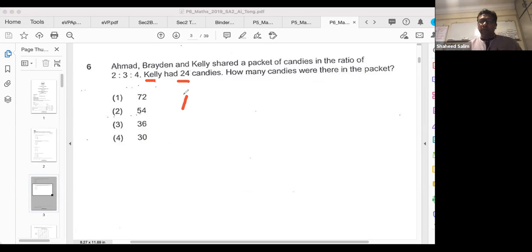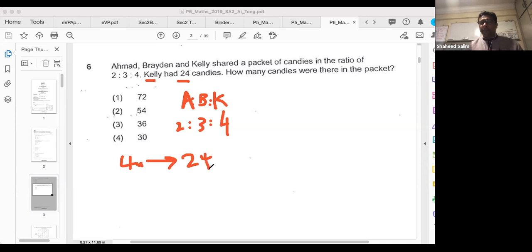Which one is Kelly? So we write down now: Ahmad, Brandon, Kelly. Kelly is 4, you know. So 4 units, 24 candies. 1 unit, 24 divided by 4 gets 6. Now you find 9. 9 units is the total. 9 times 6, 54.